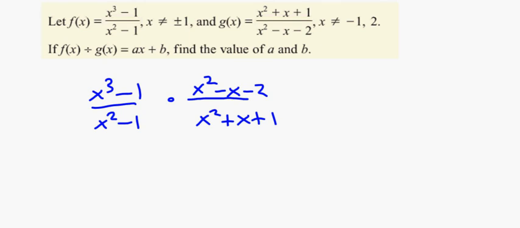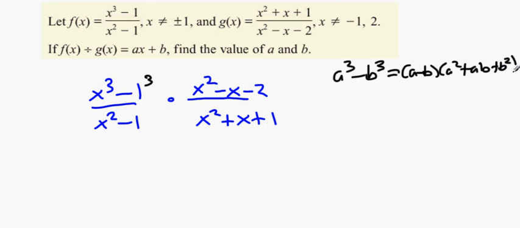Now I'm going to go into factorizing mode. I can see that this is the difference of two cubes. Please remember the difference of two cubes: a minus b, bracket a squared plus ab plus b squared. Here a is x, b equals 1.